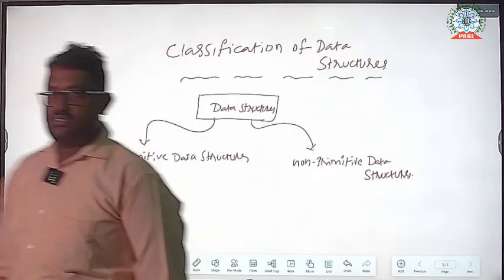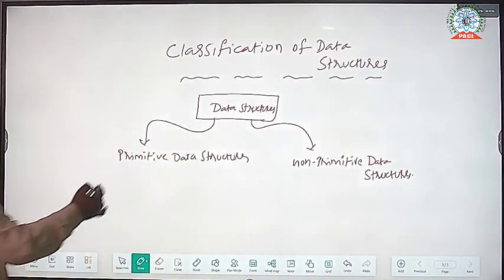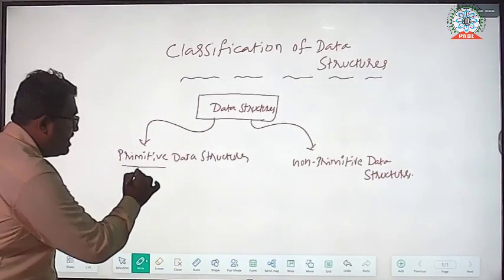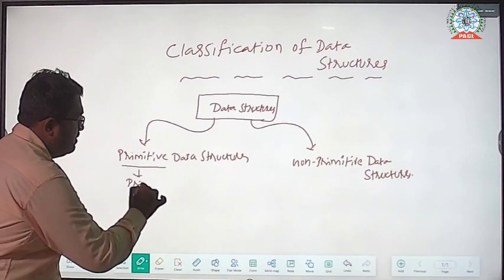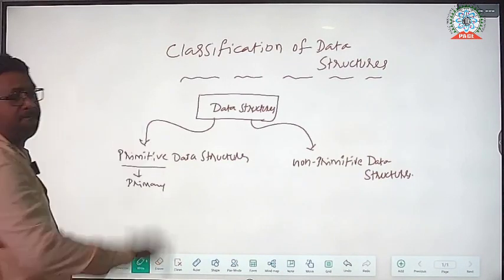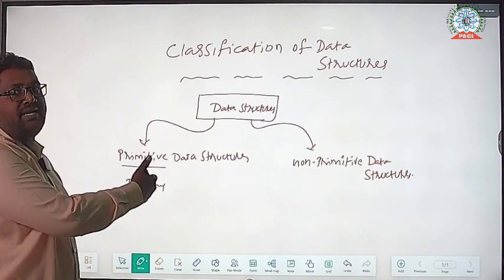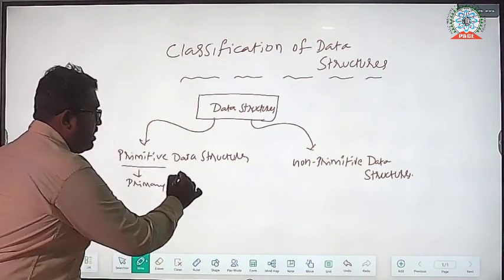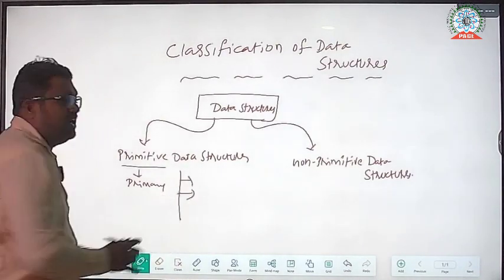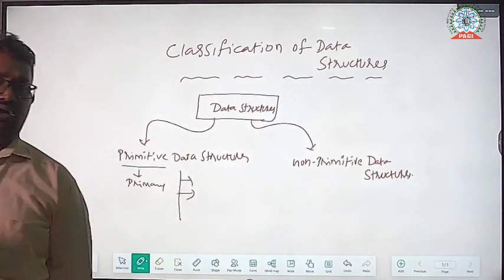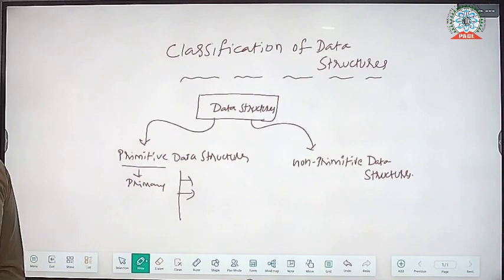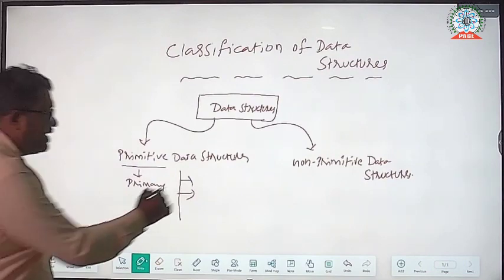If you see, primitive is nothing but primary. These primitive data structures we have already seen in our C language, the different data types we have used for different purposes, like integer.